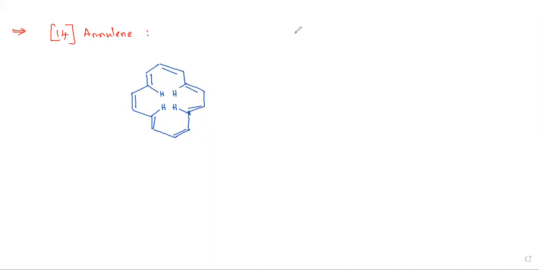Now this molecule, again you got hydrogens having a kind of repulsion among themselves.